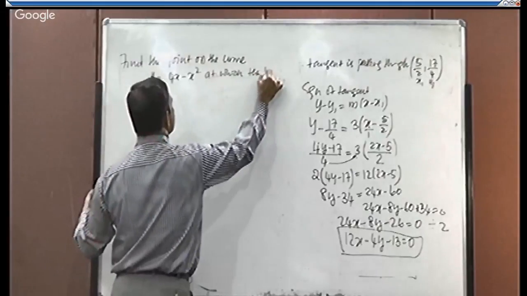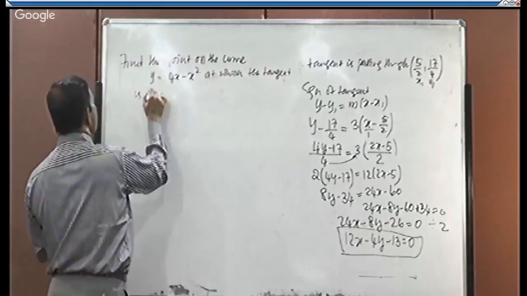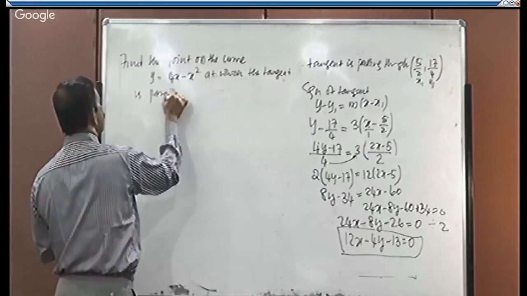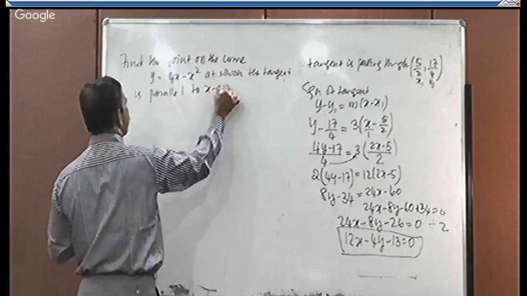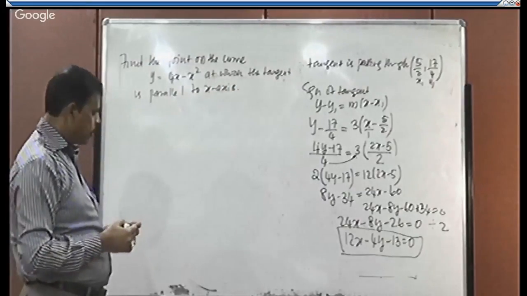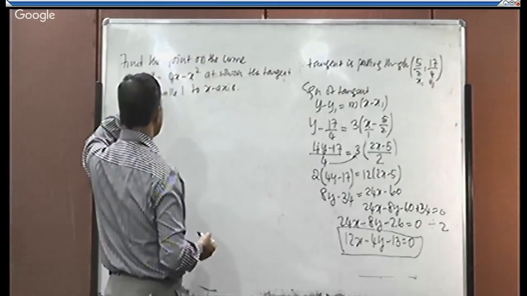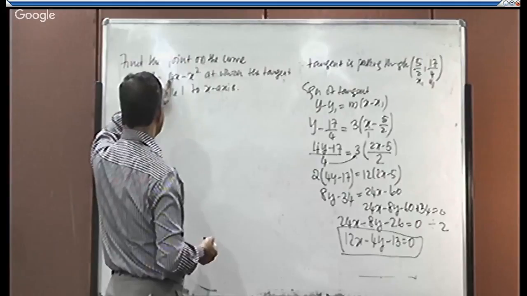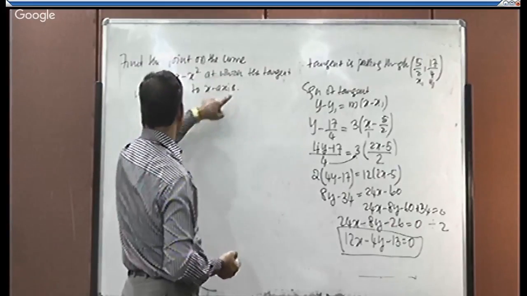the tangent is parallel to the x-axis. See this question. Find the point on the curve. What is the curve? Y is equal to 4x minus x square, at which the tangent is what?